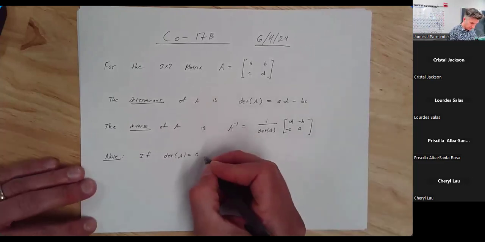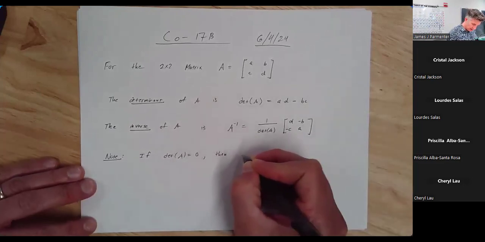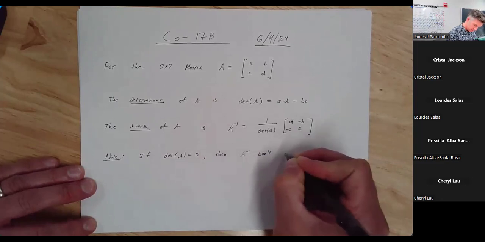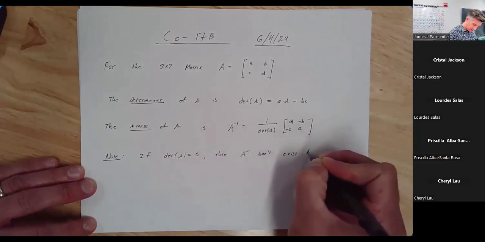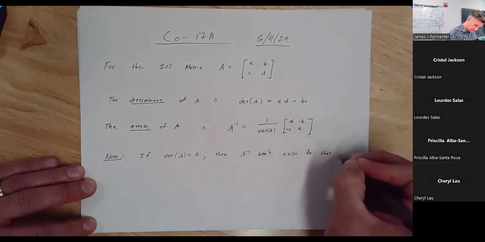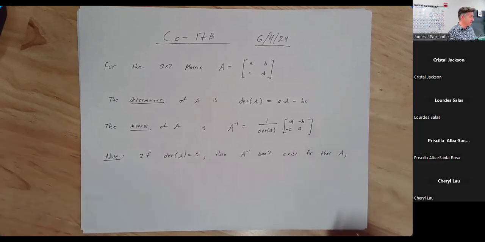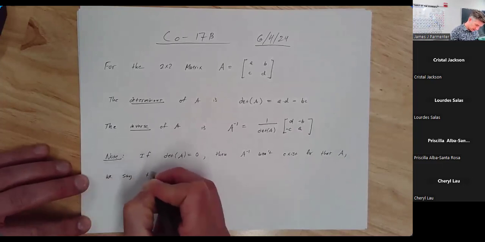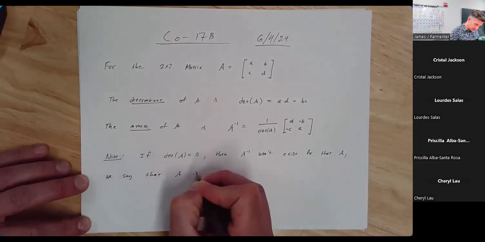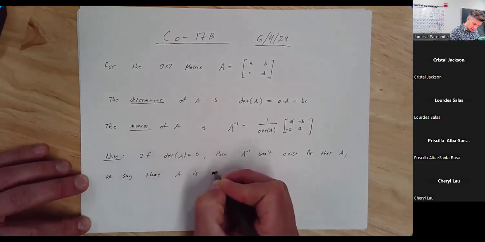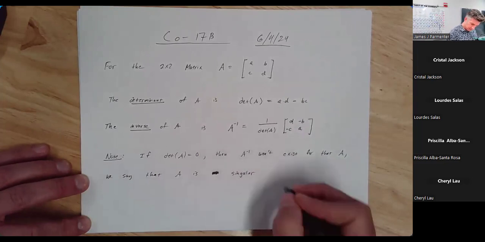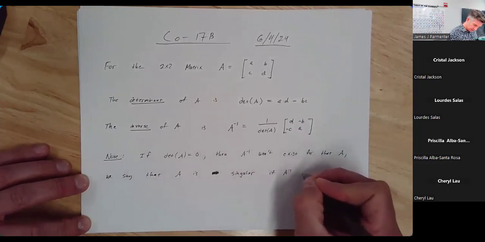So if the determinant of A is equal to 0, then A inverse won't exist for that particular A. And if that's the case, we say that A is singular if A inverse doesn't exist.